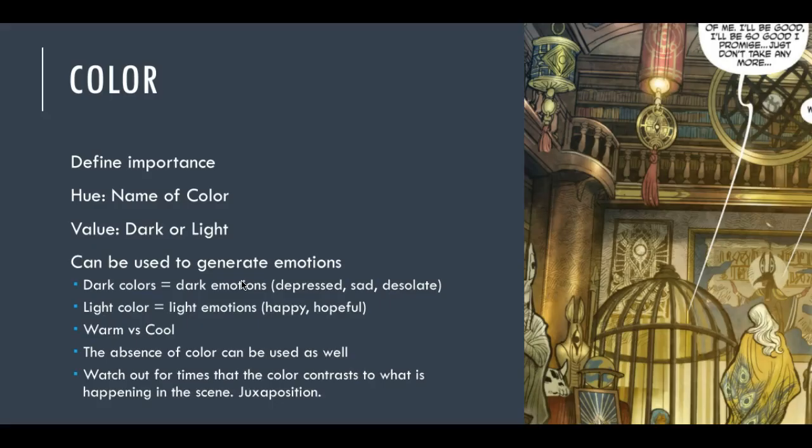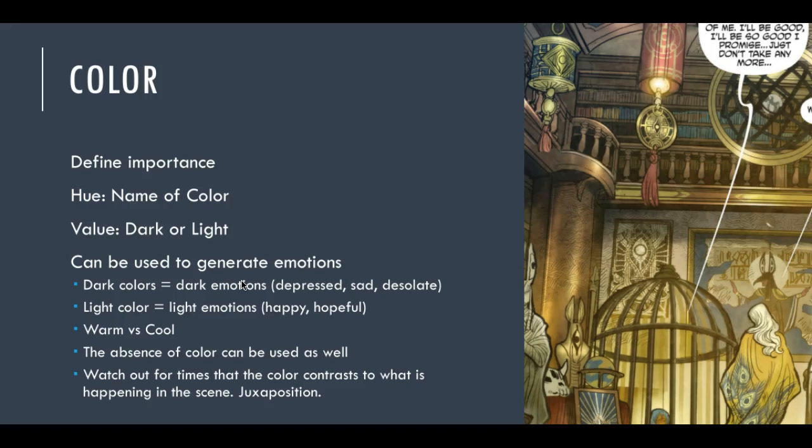So let's talk about color. Color is super important because it defines important. It's also how things are made to look pretty. So, really, when we're talking about color, we're talking about hue. We're talking about the name of a color, red, yellow, purple. And then hues have values. They're dark or they're light. So, it's dark red or light blue.